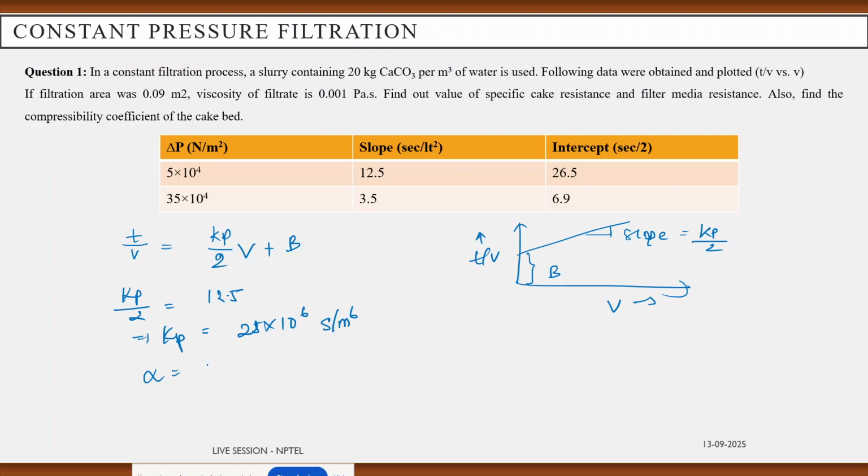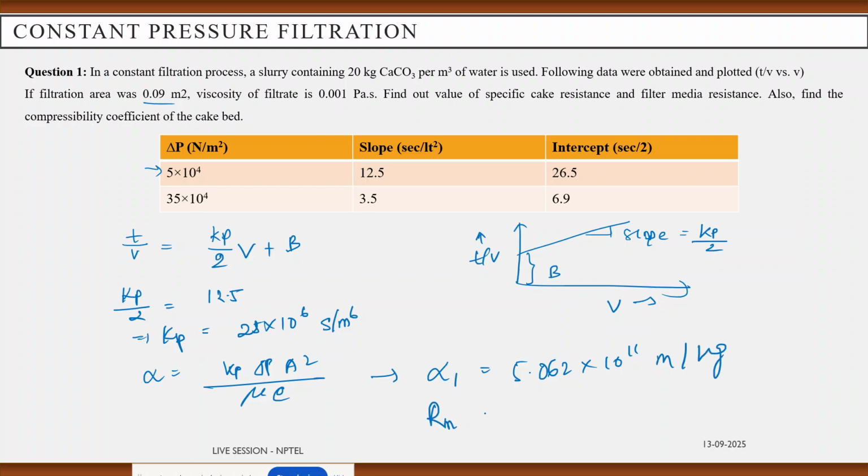Alpha equals Kp del P A squared by mu into C. So from there you will get alpha 1 for the first data point. Del P is 5 into 10 to the power 4, and you will put all the values that are noted here. You will get the value 5.06 into 10 to the power 11 meter per kg.